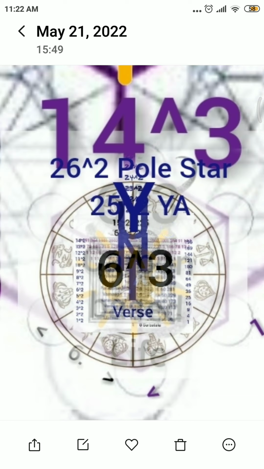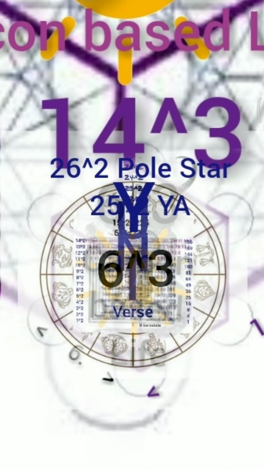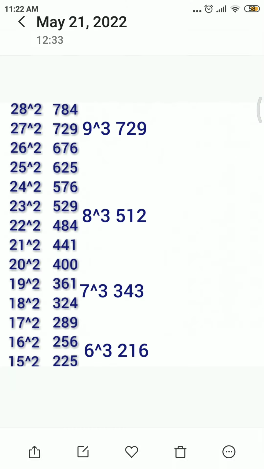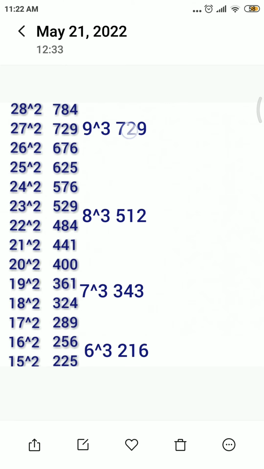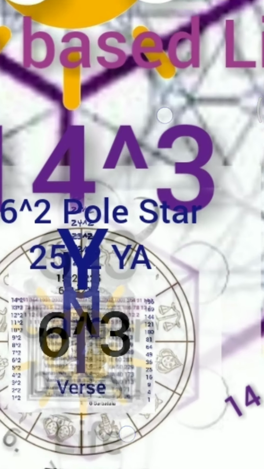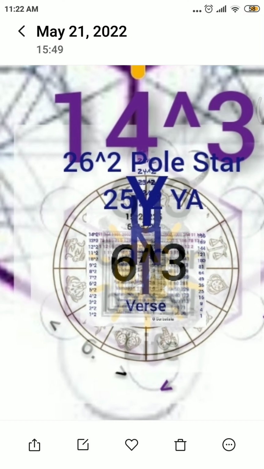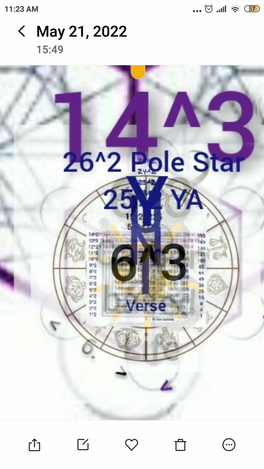Okay, so even the pole star is within 9 cube. That means obviously this zodiacal circle extends beyond 26 squared. I'm sorry, I should have included 26 squared below the zodiac sign.